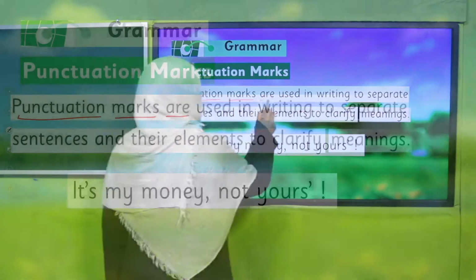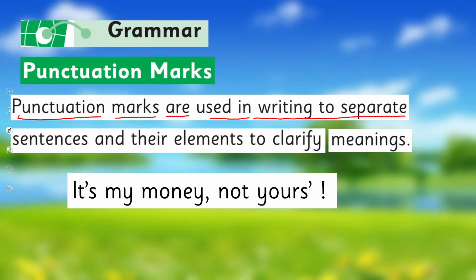Punctuation marks are used in writing to separate sentences and their elements to clarify meanings. In a sentence, we put different punctuation marks to clarify meanings. For example, it's written here, it's my money, not yours. If I don't put a comma over here, what does it mean? It's my money, not.